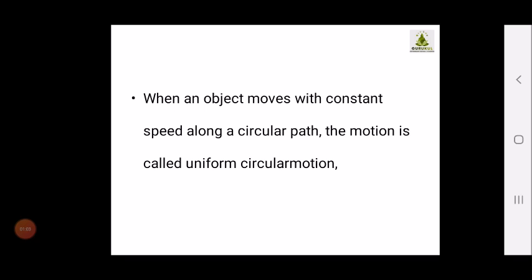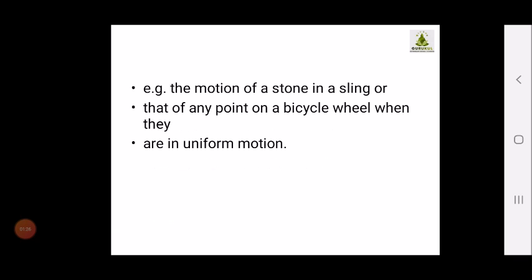Now we can define uniform circular motion in words: when an object moves with constant speed along a circular path, the motion is called uniform circular motion.